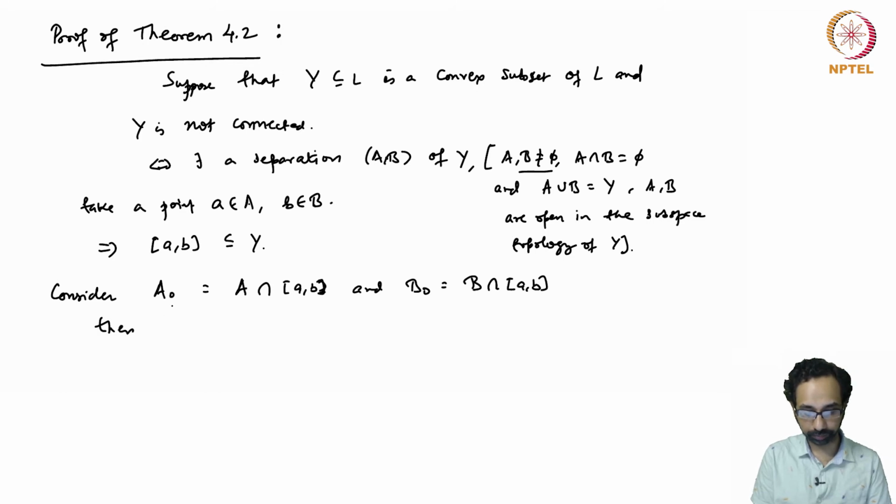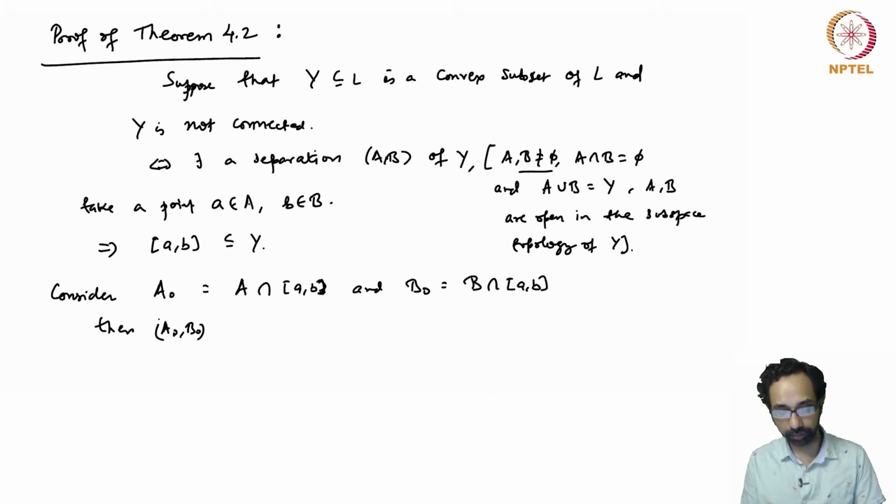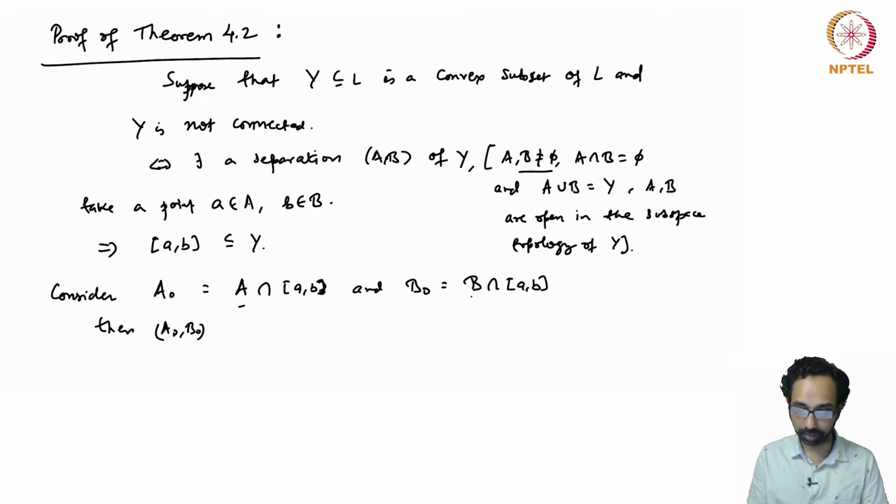then they are open. A0, B0 are open, they are non-empty, they are disjoint because A and B are disjoint, and their union is the whole space [a,b]. So then this means that A0, B0 is a separation of [a,b].